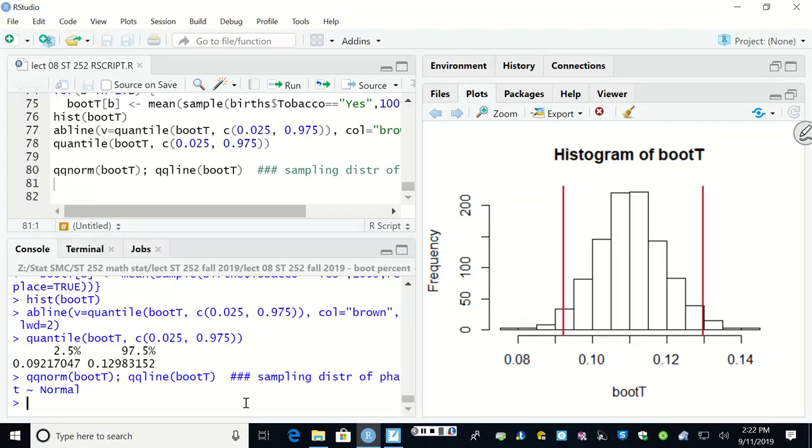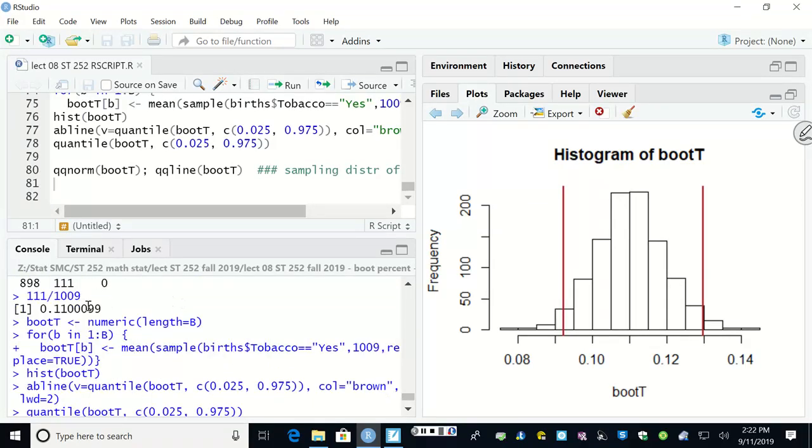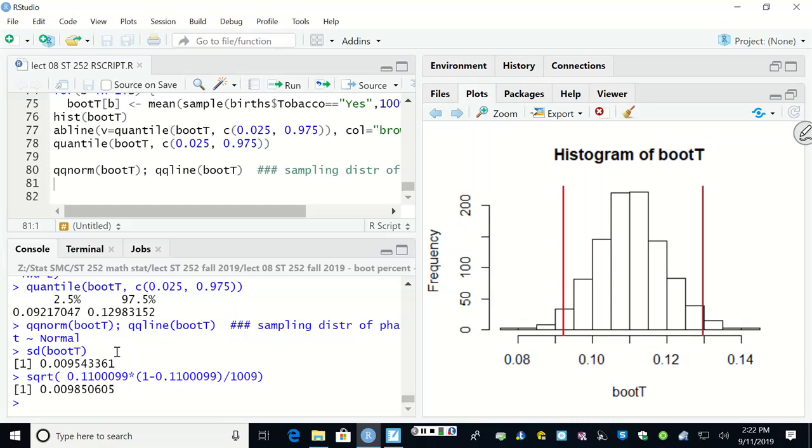So what's the standard deviation of these bootstrap proportions? About 0.095. Or you can take the square root of p times 1 minus p over n, using 0.11. It's just about the same.